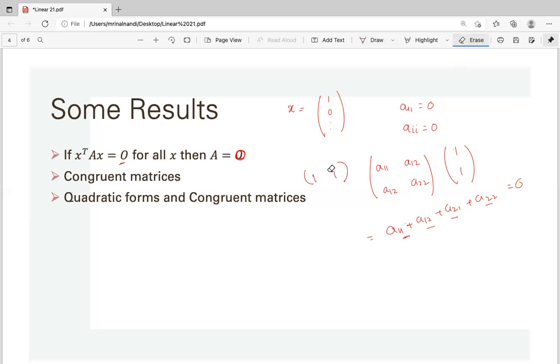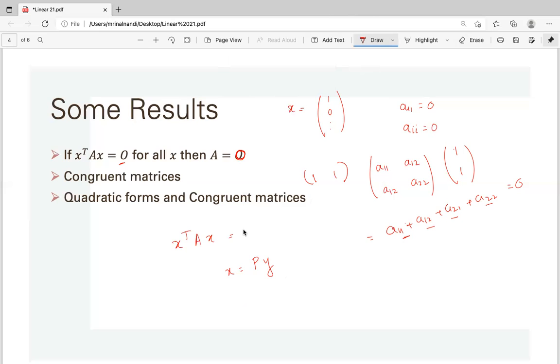Okay, so now the next idea is this. If you have X transpose A X, a quadratic form, and you take a transformation like y equal to P x, so you put x equal to P y.